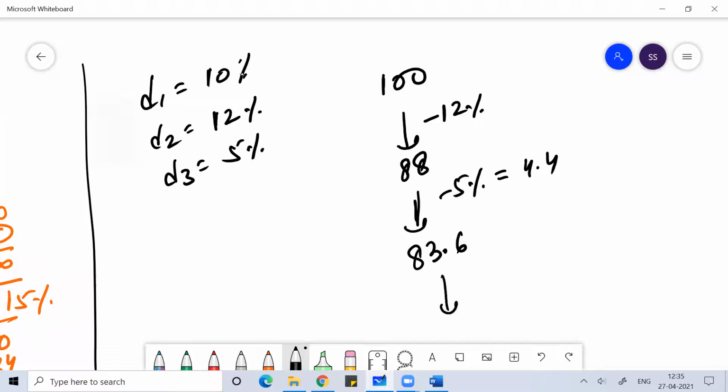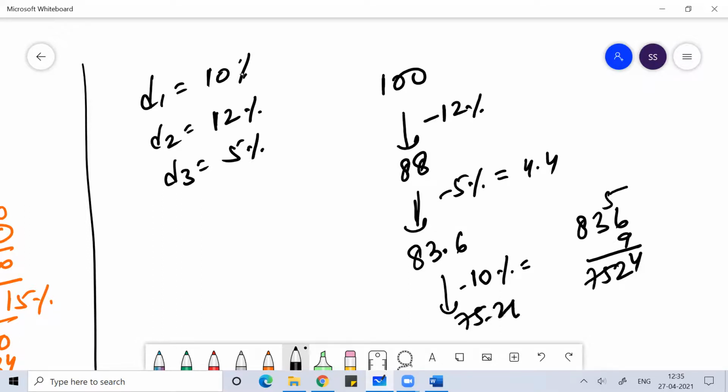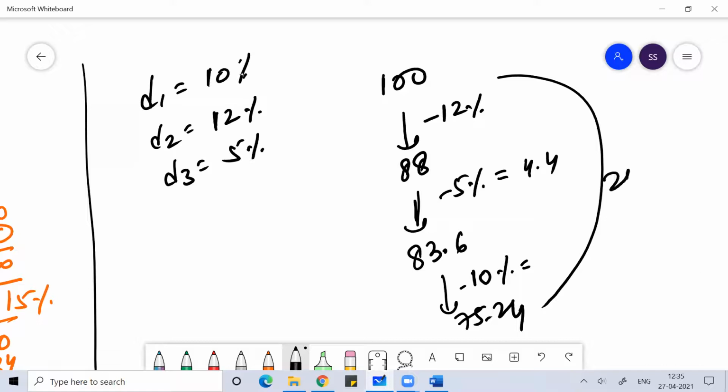And then you subtract 10% on this. So 10% on 83.6 gives 75.24. A 100 rupee shirt will cost you ultimately 75.24. 100 minus 75 is 25, and minus 0.24, this is 24.76%.